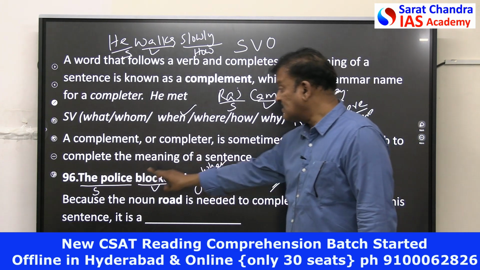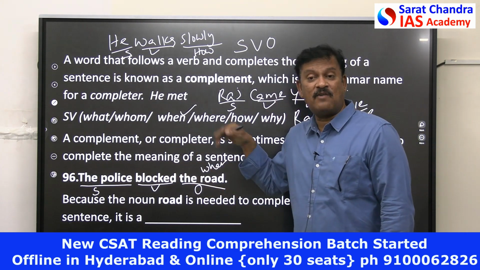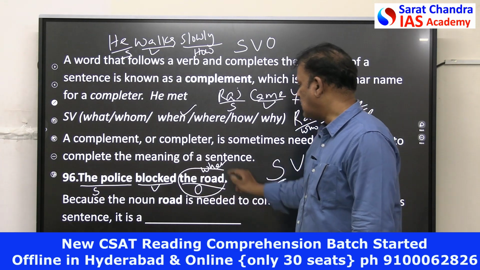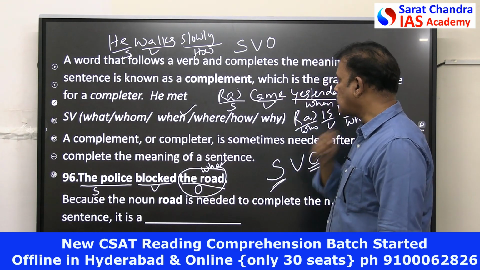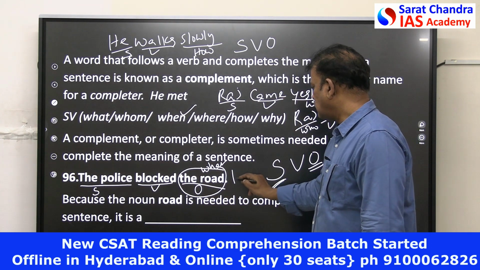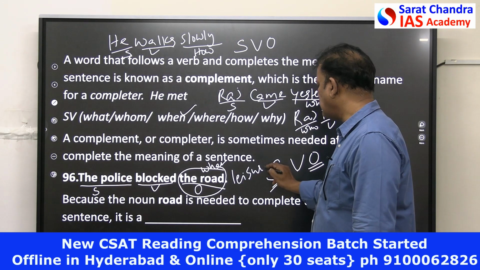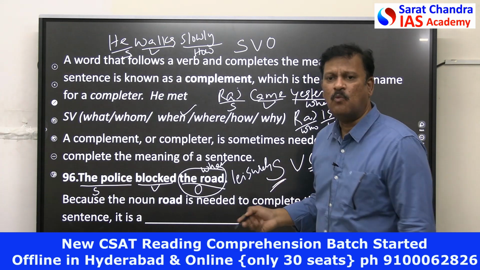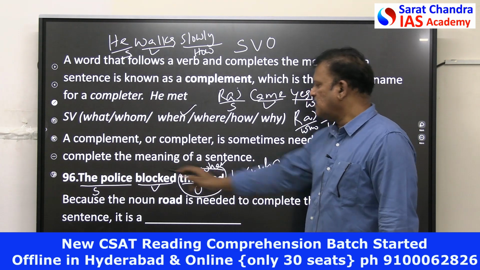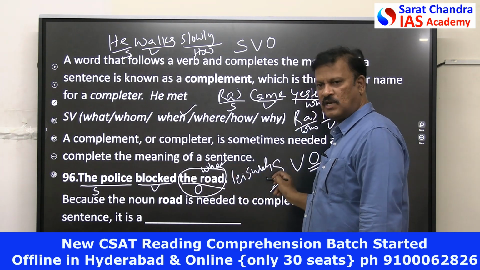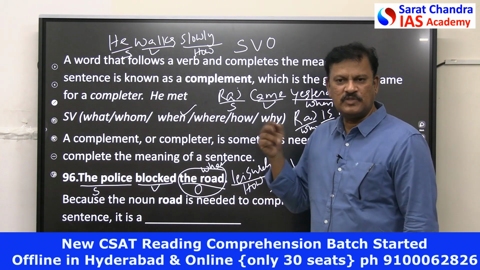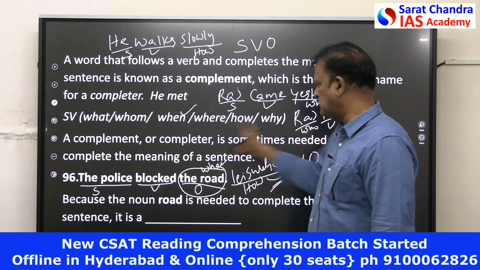Other than this, if I have another question, for example, instead of the road, I say the police blocked, let us say, leisurely. Then you say how. Even along with this, the police blocked the road leisurely, and you say how. Also expect to see some words which are the answer for this. Okay.